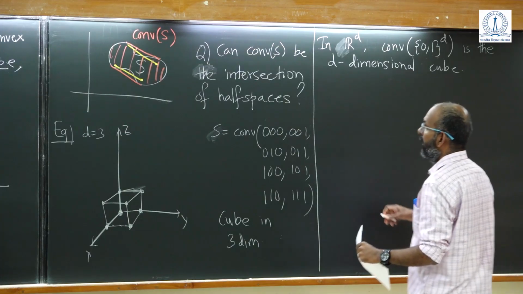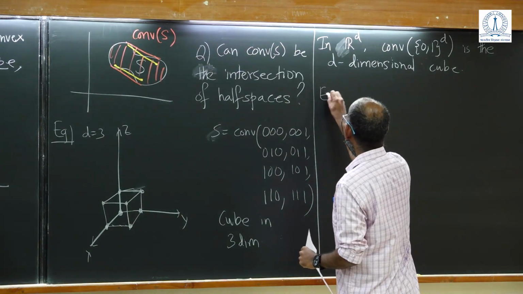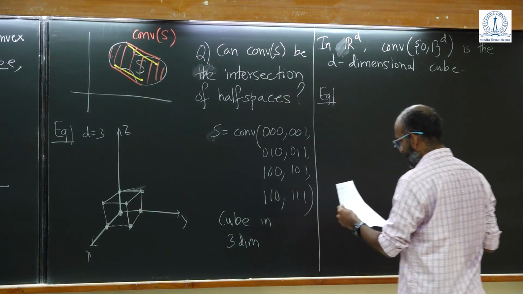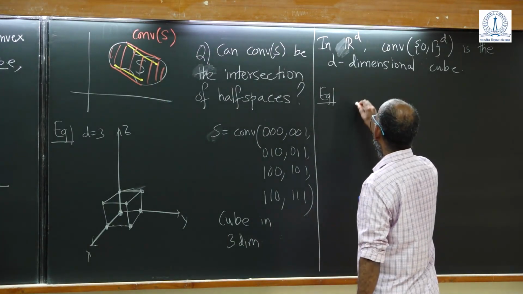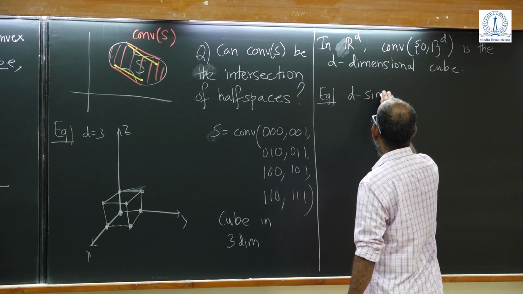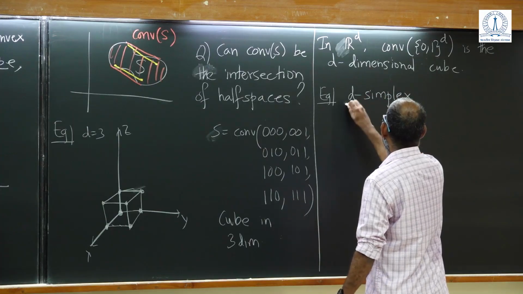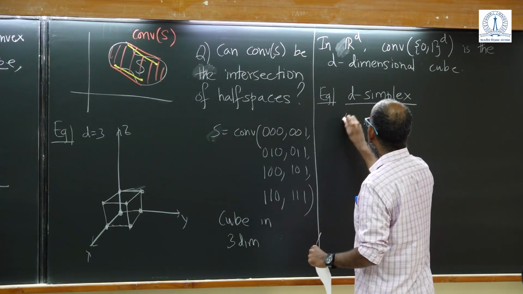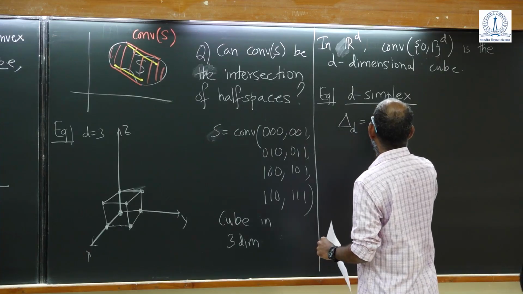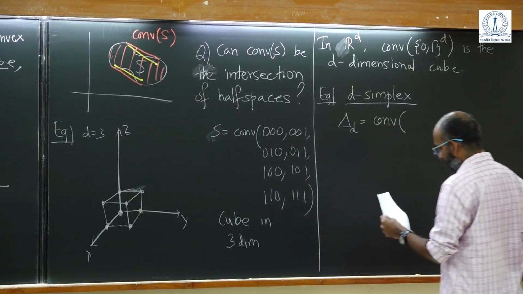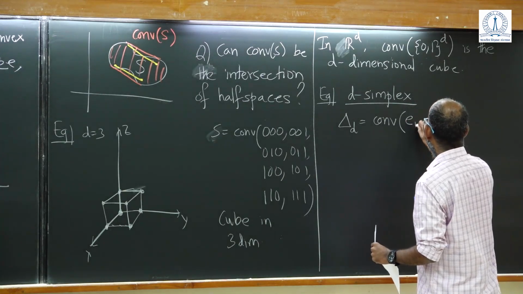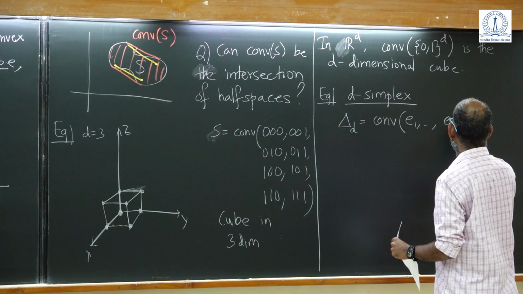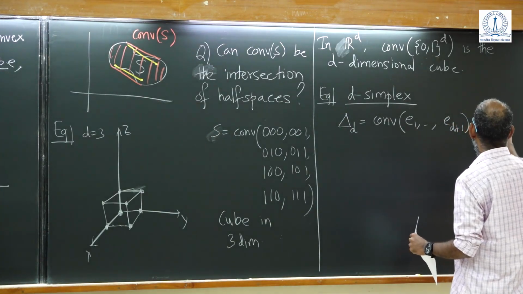Okay. So another important class of examples is what is called the d-simplex. So delta d is the convex hull of E1 up to E(d+1) in R^(d+1).